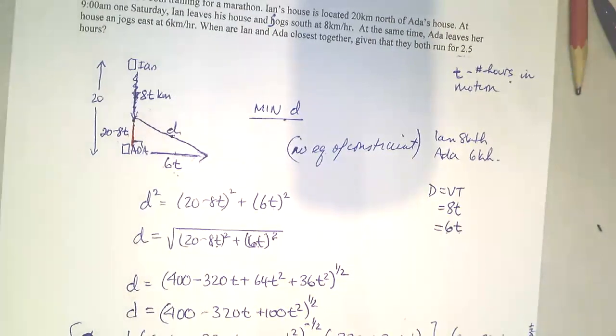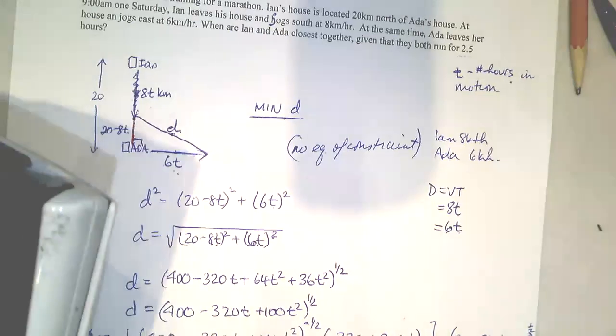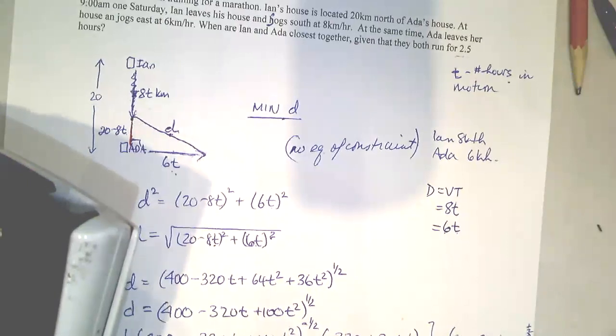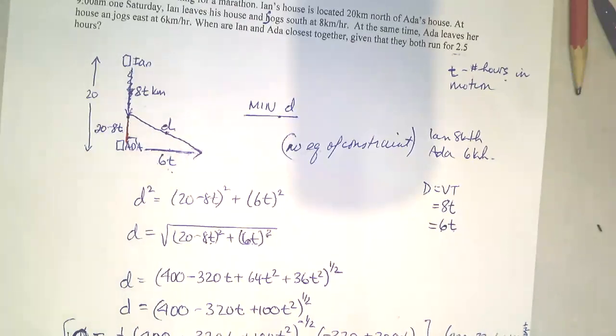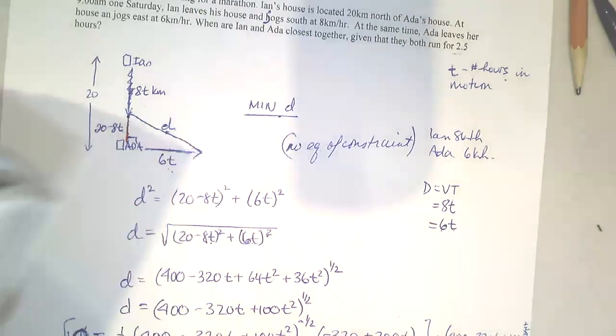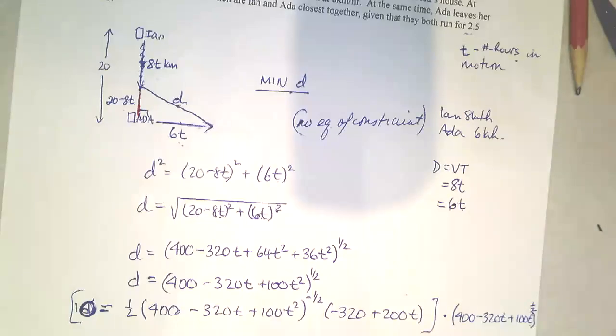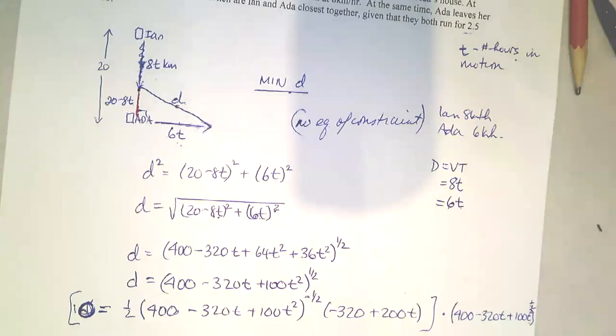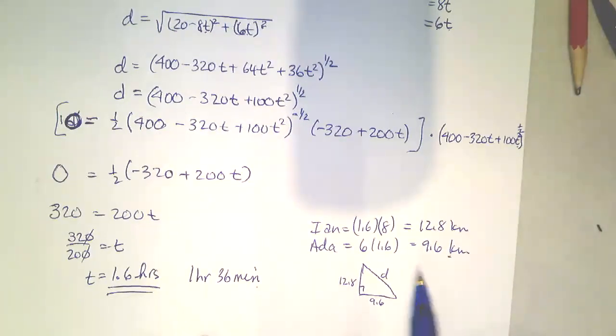And so let's see what those distances are. 1.6 times 8 is 12.8 kilometers. 1.6 times 6 is 9.6 kilometers. And if you have a right triangle, where this is 9.6 and this is 12.8, it would be a pretty simple task. Sorry guys. There's their velocity times time to get their distance.